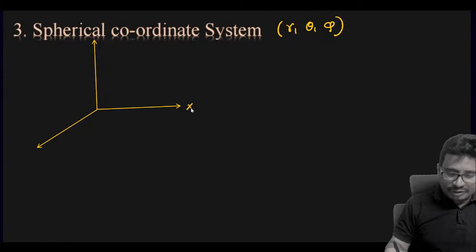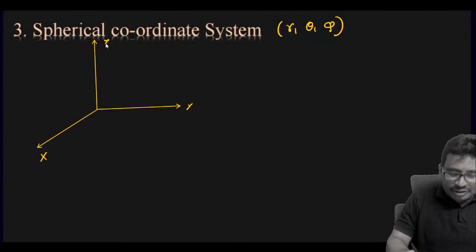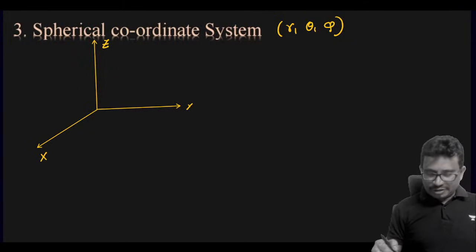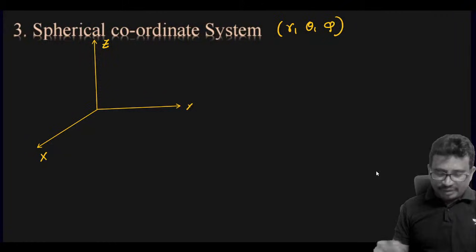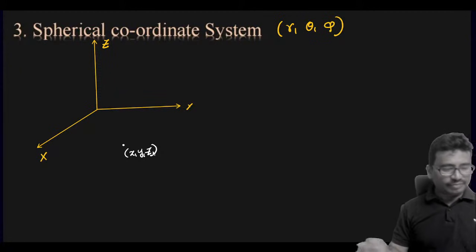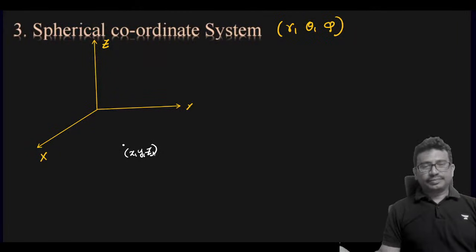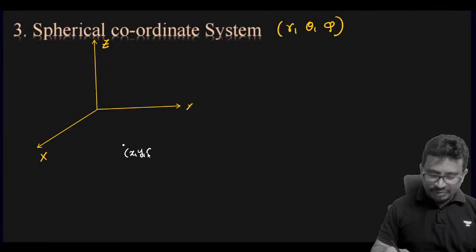Now if I call this the x-axis, this the y-axis, and this the z-axis, initially we have taken some point in the xy plane. The coordinates are x, y, z, and here z is 0 now. Why? Because the point lies in the xy plane.